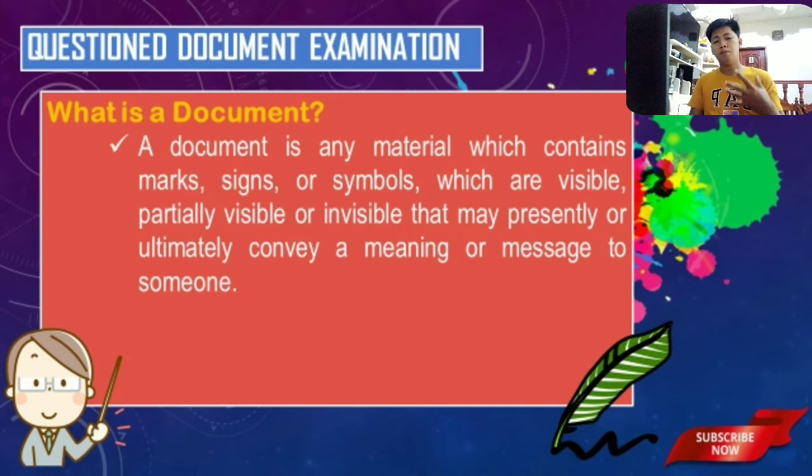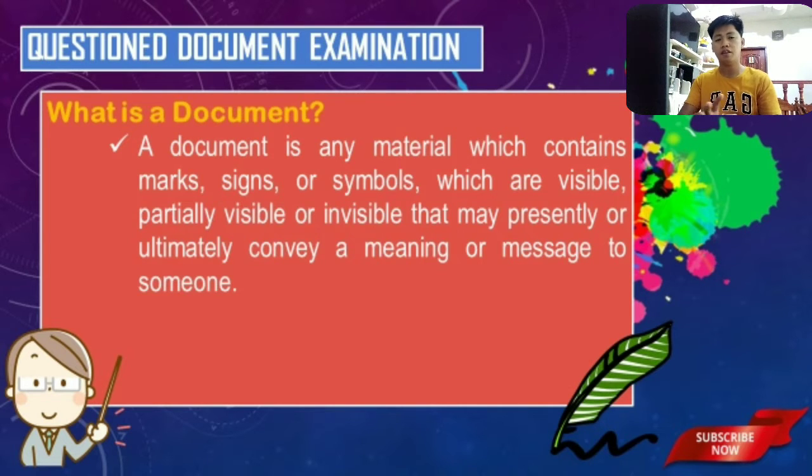Then it could be either visible, or partially visible, because there are those writings that are not visible yet, but if you are going to process it, then the writing would become visible, such as those used for passing information that is secretive, something like that. So they are included under the definition of the so-called document.